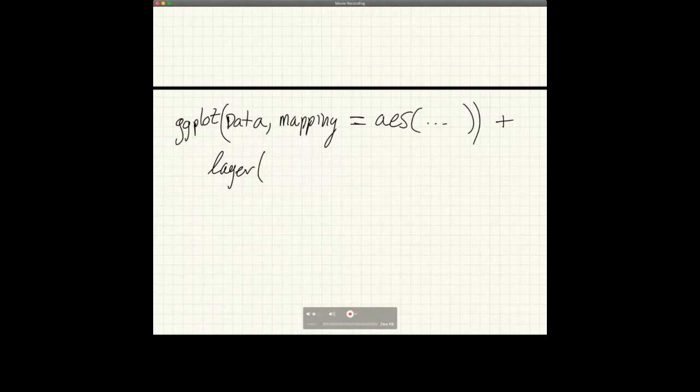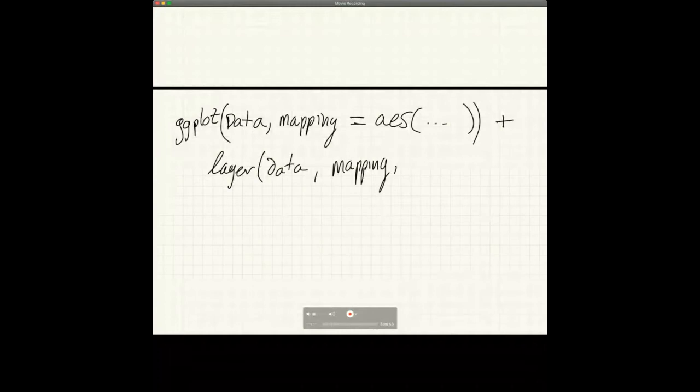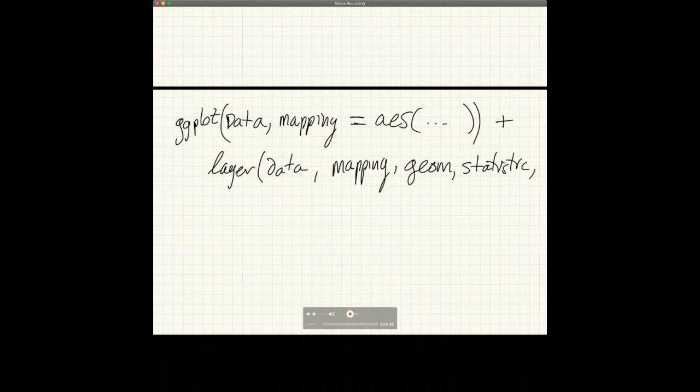And that layer is specified by data, a mapping, a geometry, a statistic, and a position.